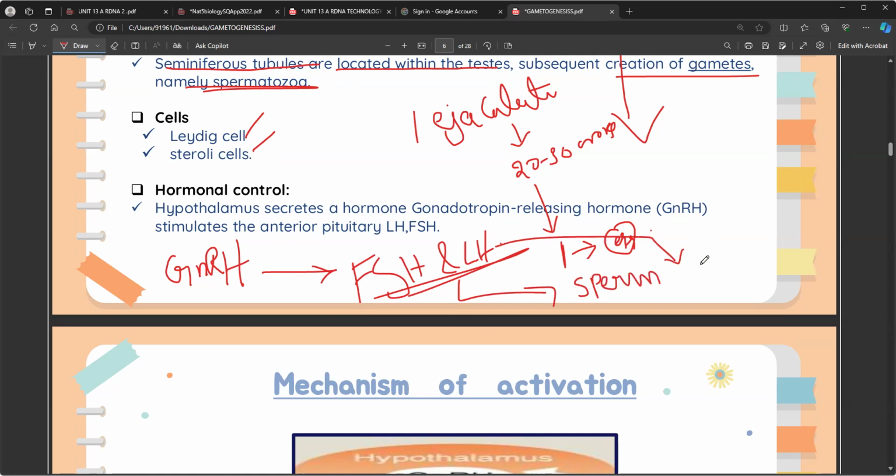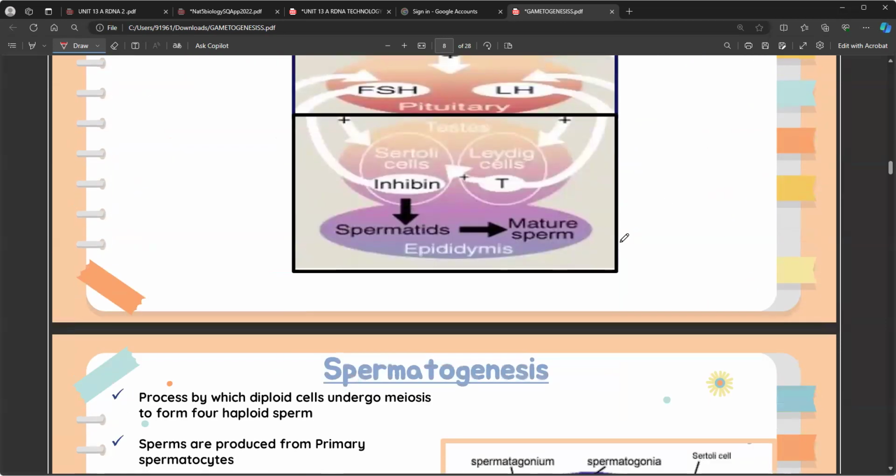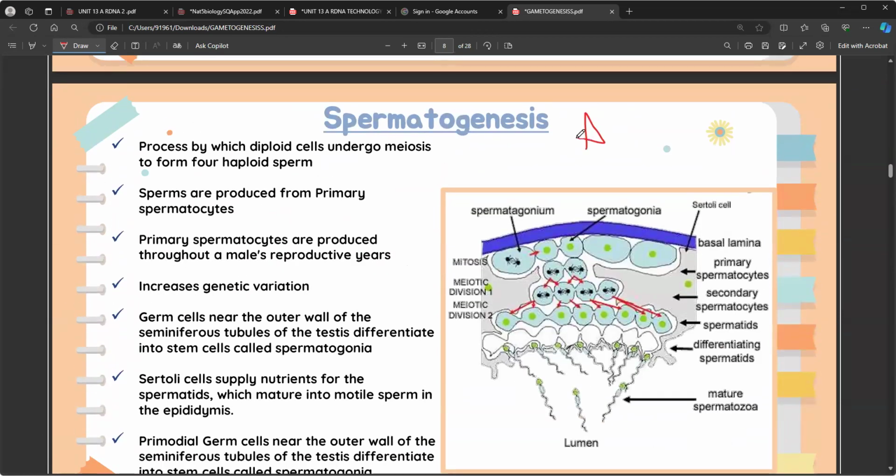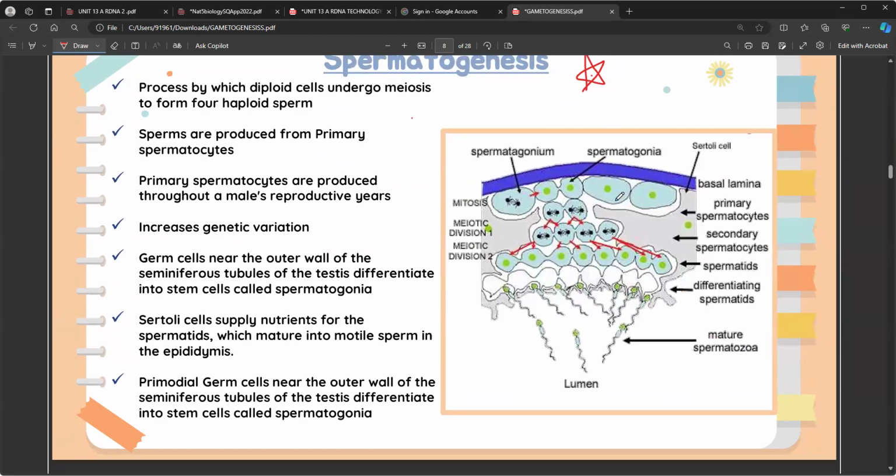And LH is involved in the synthesis of the male sex hormone, testosterone, which is involved in the development of secondary sexual characteristics in the male. But these two are under the control of what? GnRH. Now everyone focus on this particular slide and try to understand the concepts very clearly without confusion.